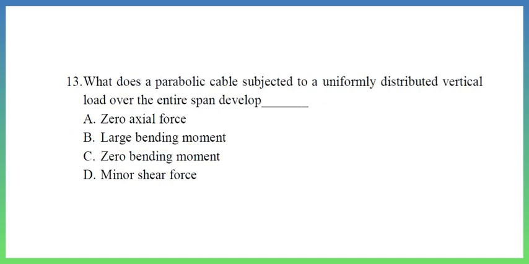Next one, what does the parabolic cable subjected to uniformly distributed vertical load over the entire span develop? Option A, zero axial force, B, large bending moment, C, zero bending moment and D, minor shear force. So see here, this is the parabolic cable subjected to uniformly distributed load.